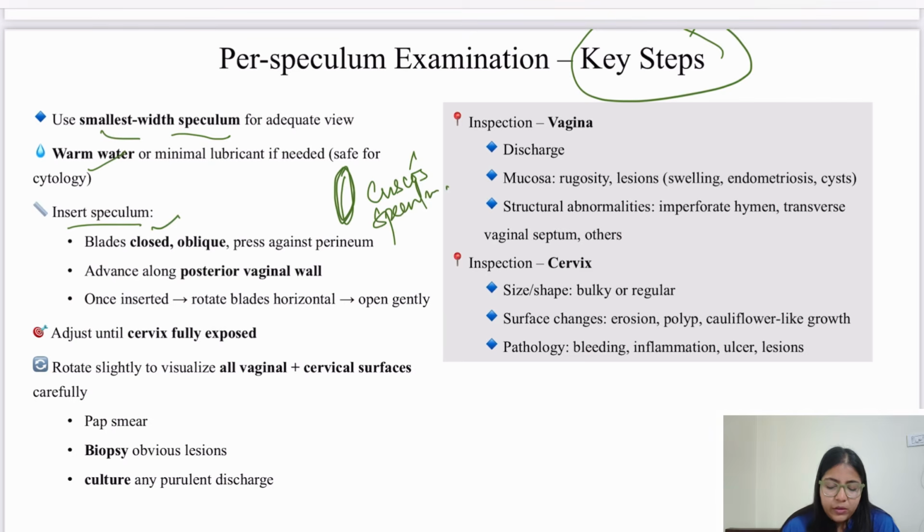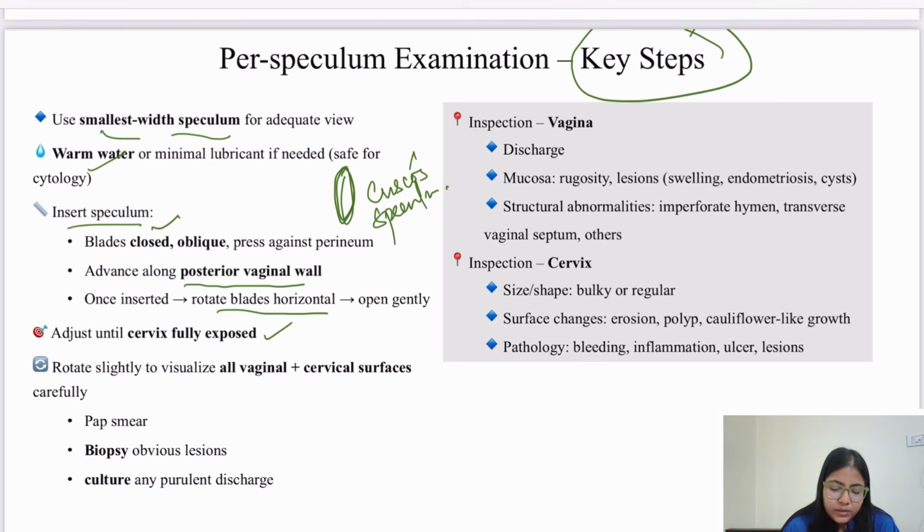So the blades should be closed and oblique or vertical, and then you separate the labia and then you advance through the posterior vaginal wall, insert in the introitus, and once it is inserted fully, you rotate the blades horizontally and then gently open and then fix up the screw. You fix up the screw in such a way that cervix is fully visible, so as to facilitate your examination and also facilitates your pap smear taking.